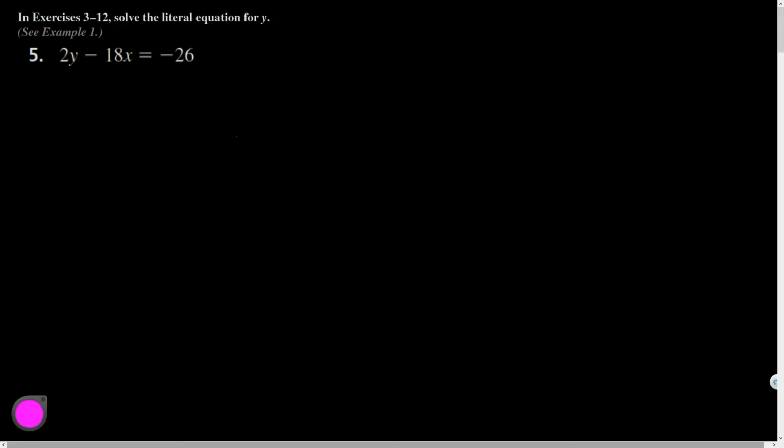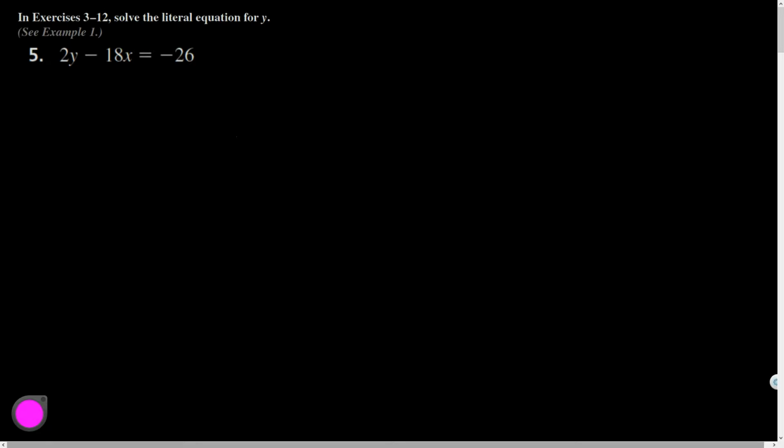This is wonderful. Yesterday, Ben, you and I were literally together solving literal equations. It was pretty wonderful. Solving a literal equation is the same as rewriting formulas in terms of one of their variables.